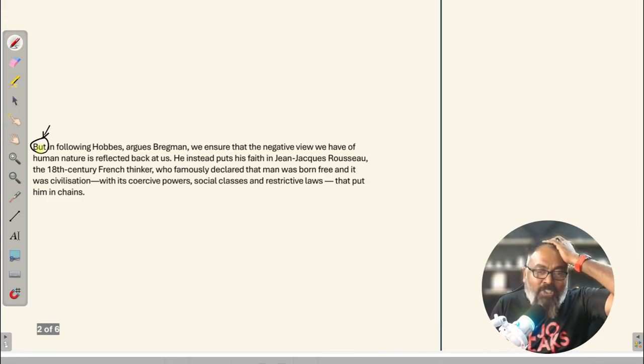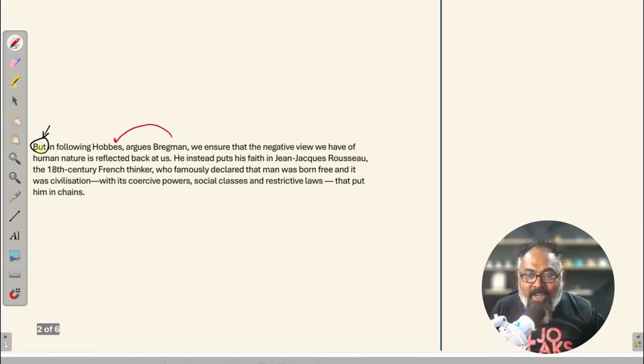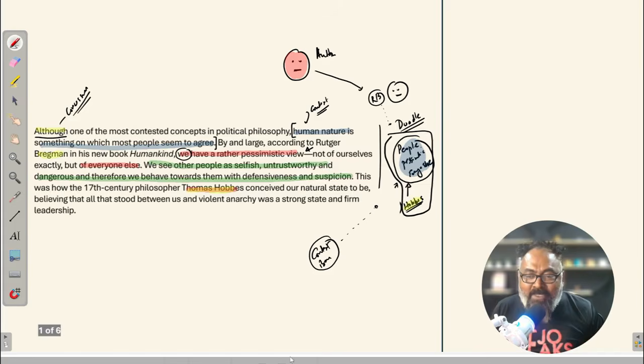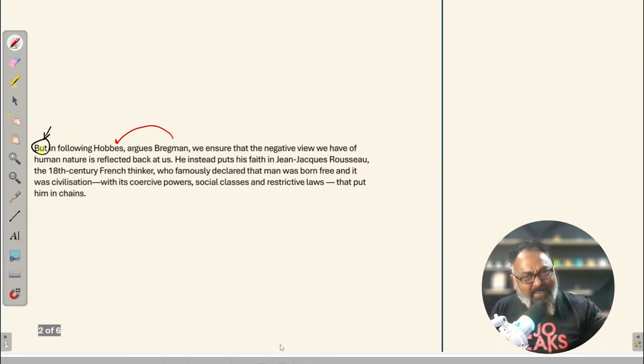Now we know the position of Mr. Bregman. Mr. Bregman does not like the Hobbes view. This particular view he does not like. If I think others are pessimistic, it gets definitely black.